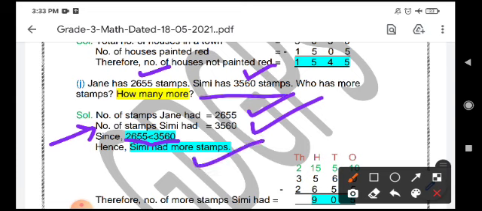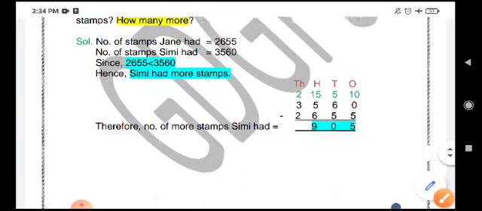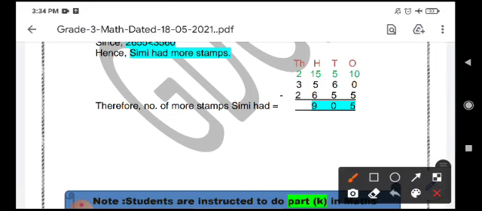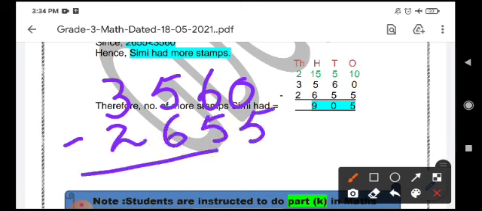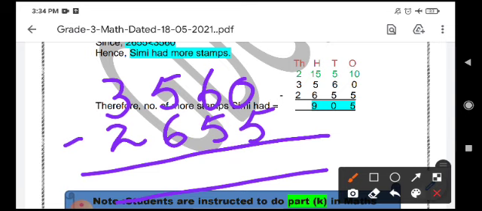Done? Now the calculation part, that is how many more. We will write it like this. 3560, that is the number of stamps Simi has. Okay, this is larger, so our first value is larger, that is the minuend. We are going to write it on the top. Then the smaller value, that is the second value, is of Jane. The number of stamps Jane has.